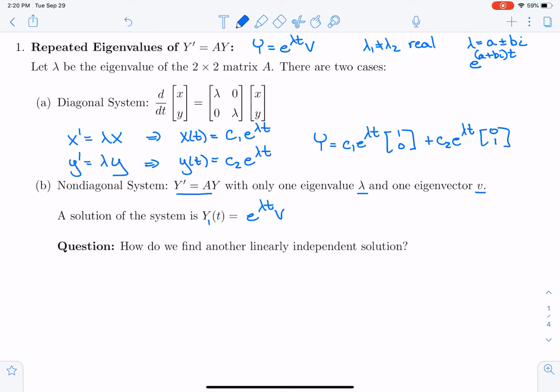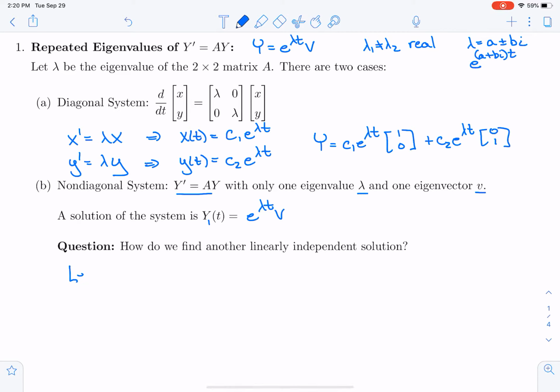Now, we can go back to what we learned from looking at second-order differential equations. When we had a repeated root of the characteristic polynomial, we just took the first solution and then multiplied it by t.